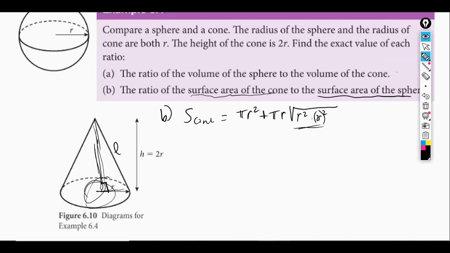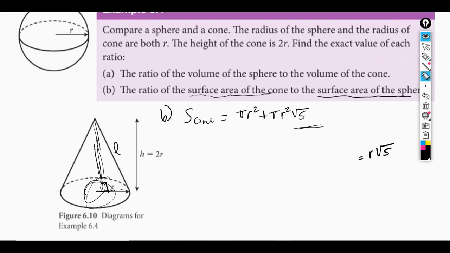But this expression here can be simplified, because this would be then the square root of r squared plus 4r squared, and this equals square root of 5r squared, and we can simplify that as r square root of 5. So notice then that in reality, I can rewrite this thing as r squared square root of 5.